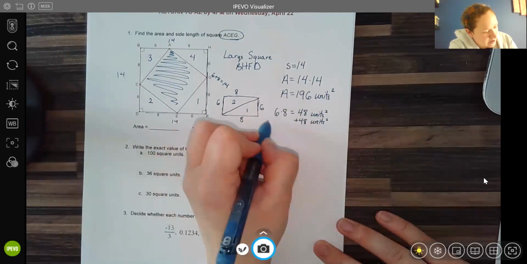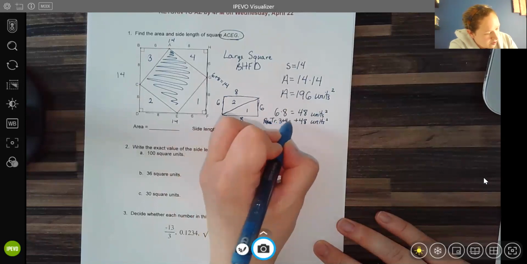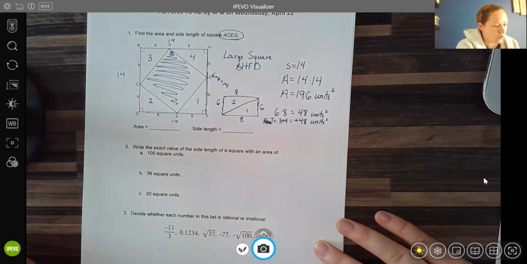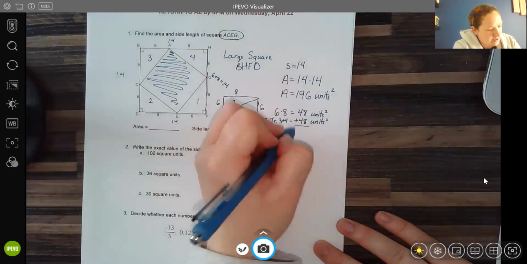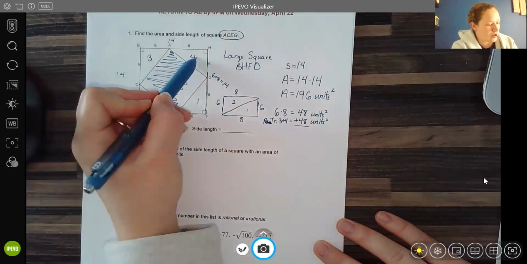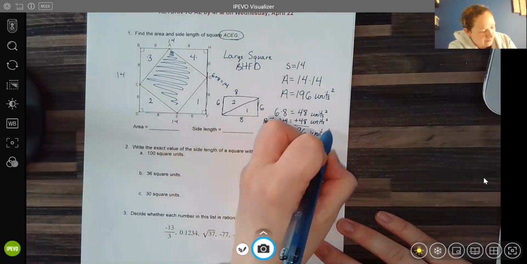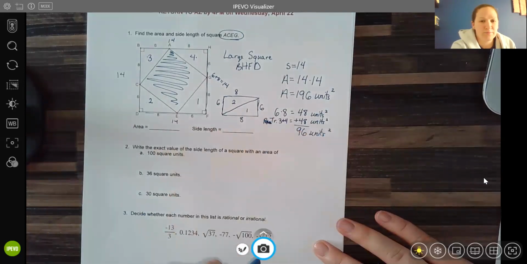Okay, so that means triangles 3 and 4 are also going to equal 48. And so when I add this together, the space that's being occupied by all 4 triangles is a total of 96 units squared.